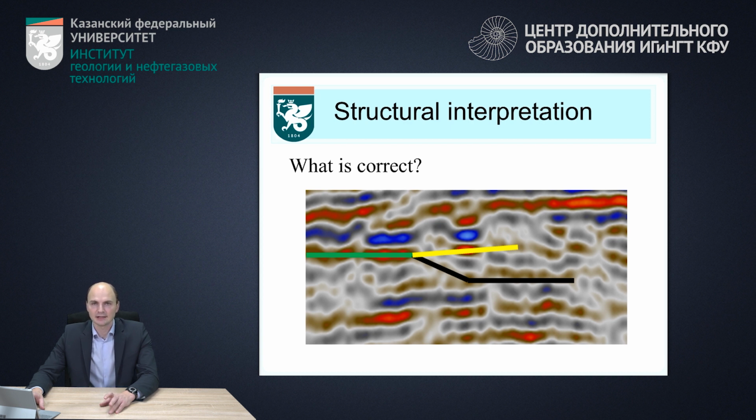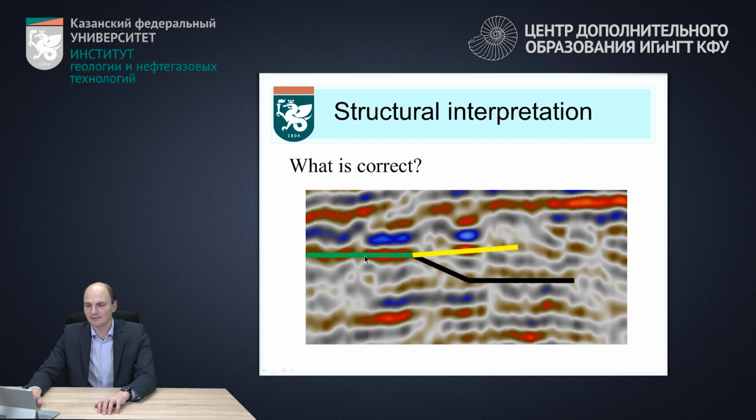The actual answer is that no one knows unless you have a drilled well. If you can compare the wells on that side of this point and on that side, and you compare the thickness of your layer, and if the thickness is more or less the same, you can say that the correct tracing goes along the yellow line.